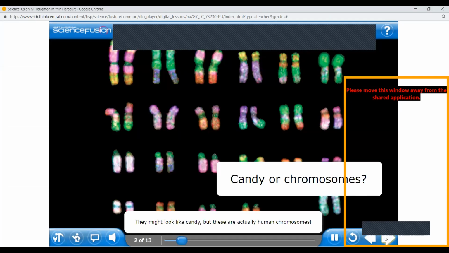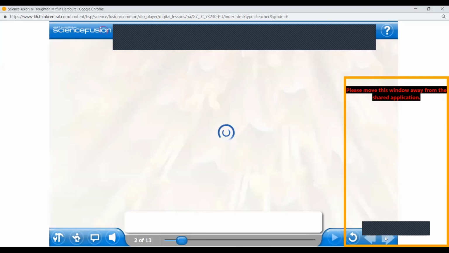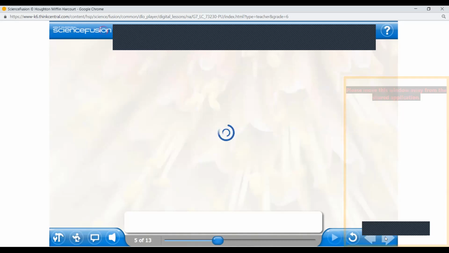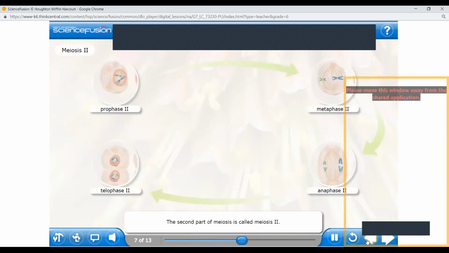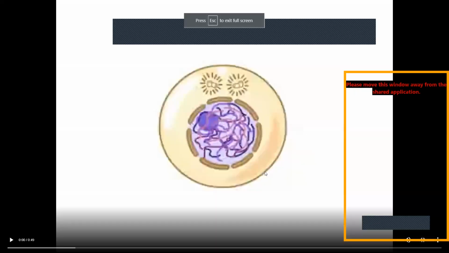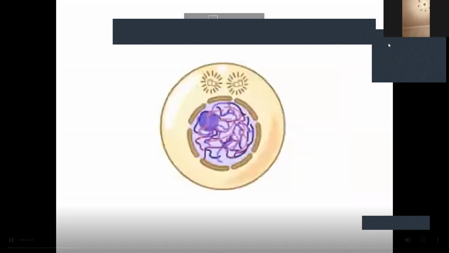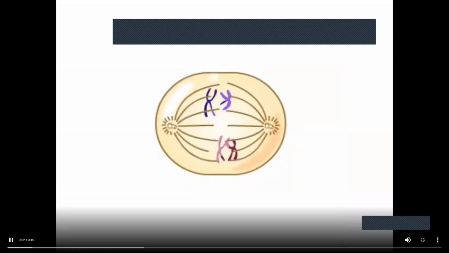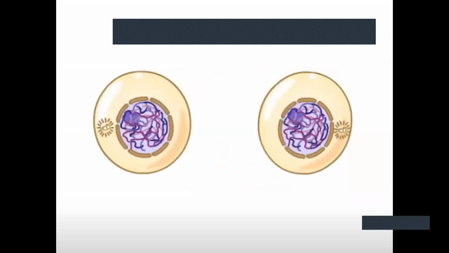Meiosis is a type of cell division that makes haploid cells. That is, before a cell goes into meiosis, it makes a copy of each of its chromosomes.